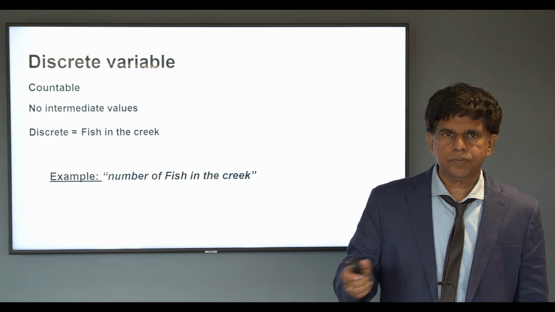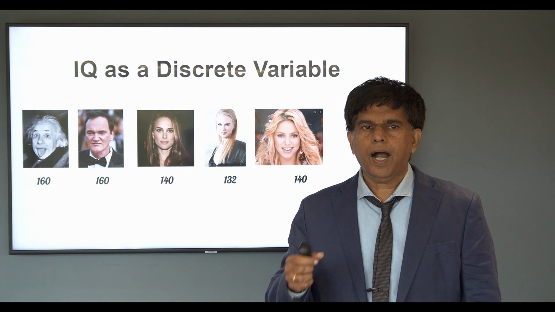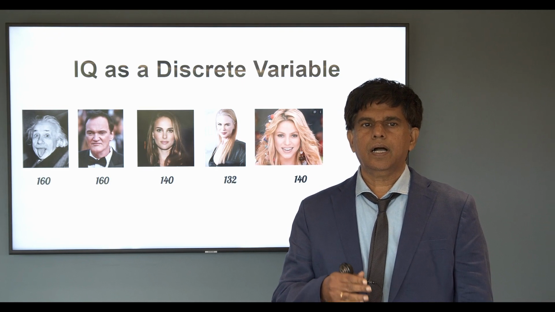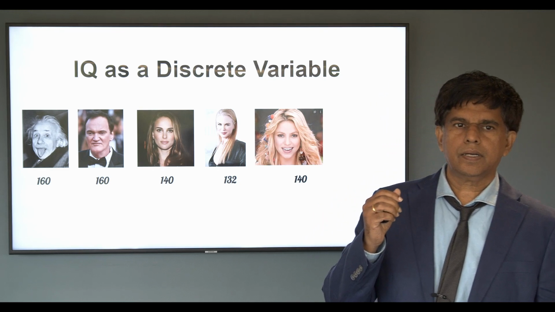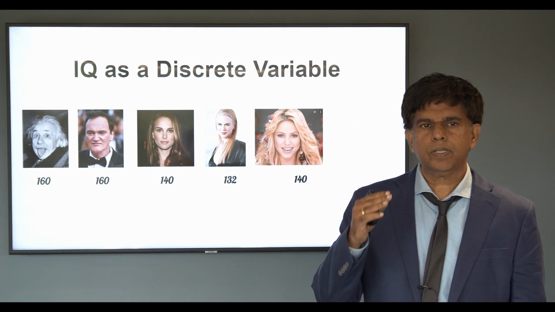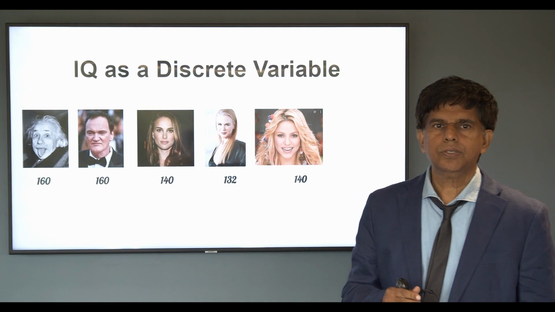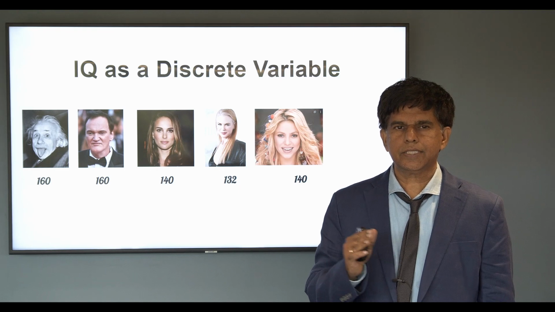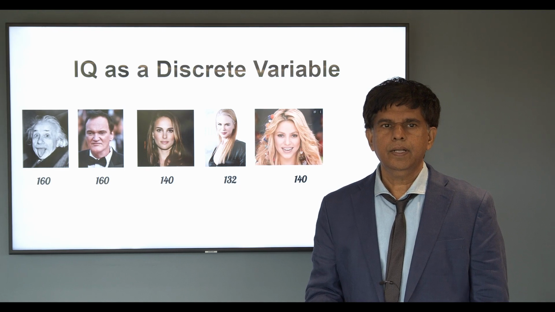Another example, IQ as a discrete variable. You got Einstein, you got Quentin Tarantino, all those people. When you describe the IQ, it's a discrete variable because there's no decimal in between, okay?